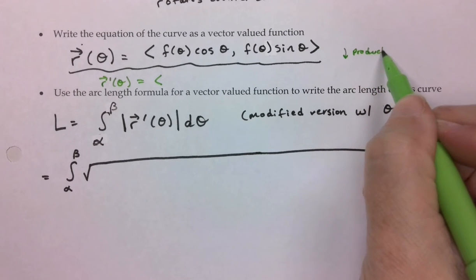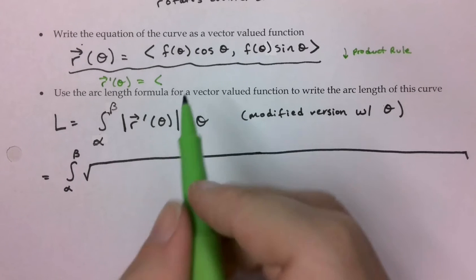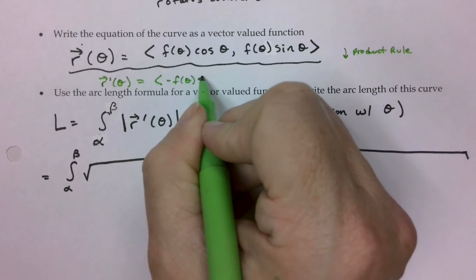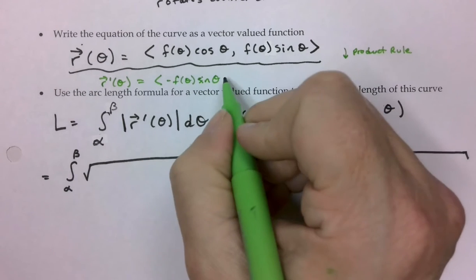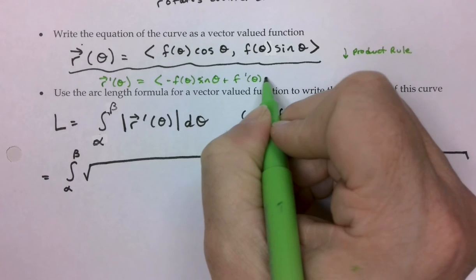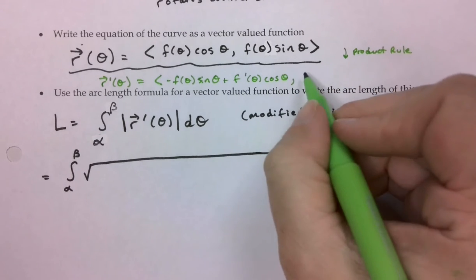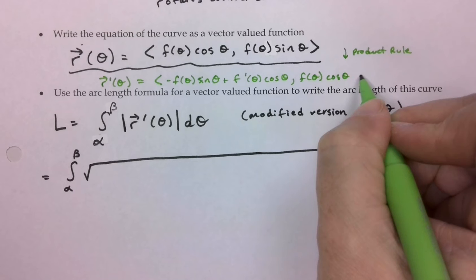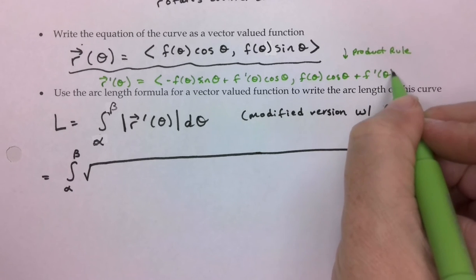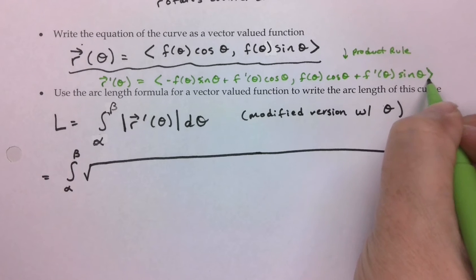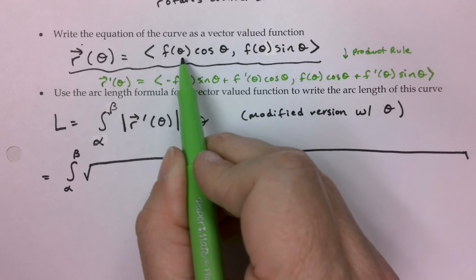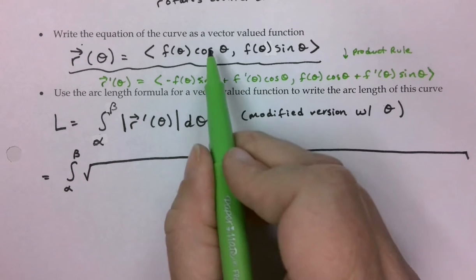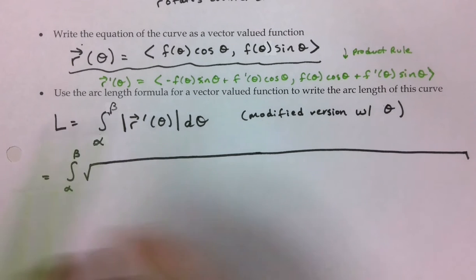So you take negative f of theta sine theta, because the derivative of cosine is negative sine, plus f prime of theta cosine theta, and then f of theta cosine theta plus f prime of theta sine theta. You have to use the product rule for both of them, right? Because there are two functions multiplied. So the derivative of cosine is negative sine, leave the f alone, then take the derivative of the f function, leave the cosine alone, and then repeat with the sine function over here.